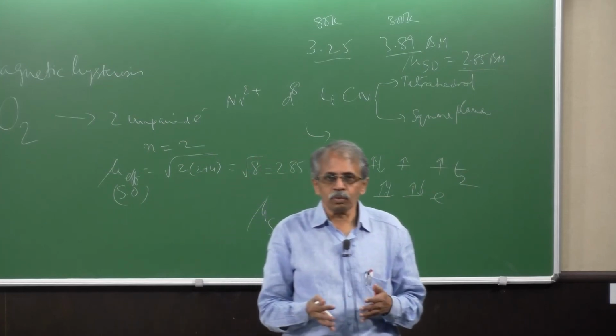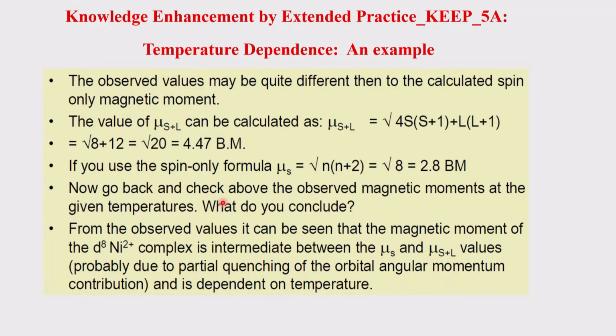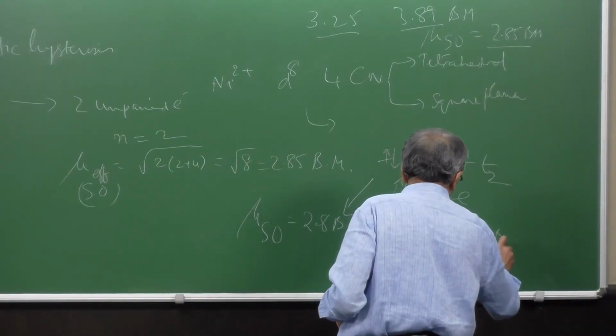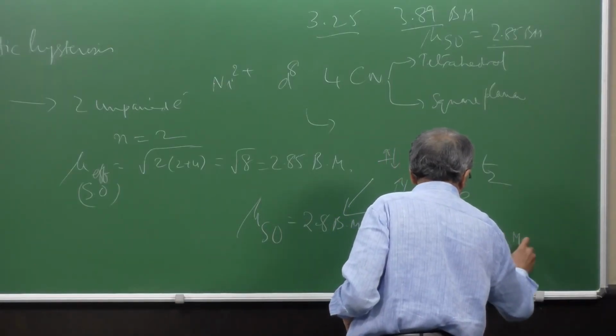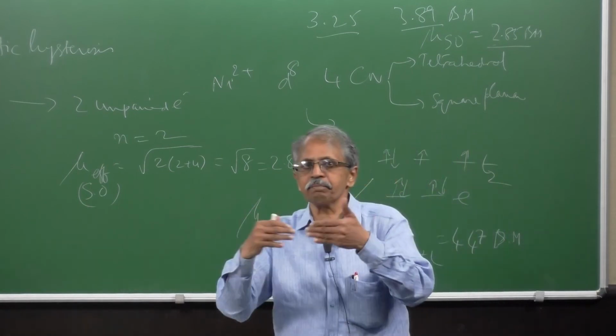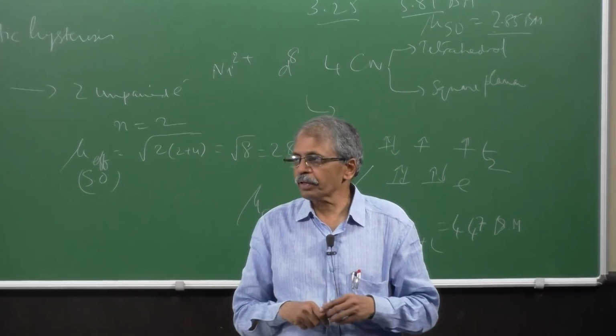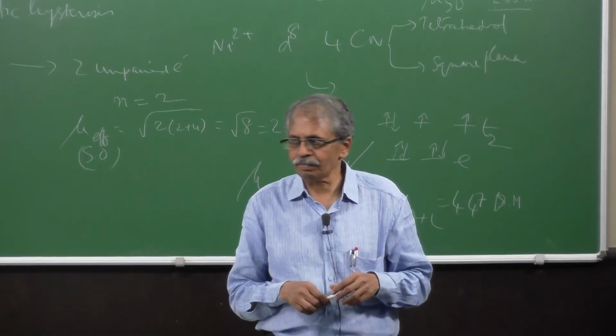We have already looked at earlier that this kind of thing comes from the spin only, the angular spin plus the orbital contribution, and then the formula also I have given. If you use that formula and work out, it will give 4.47. So, mu S plus L will give 4.47 Bohr magneton. If you have a complete coupling between this spin and orbit, that means 100% coupling, then you should have got 4.47.